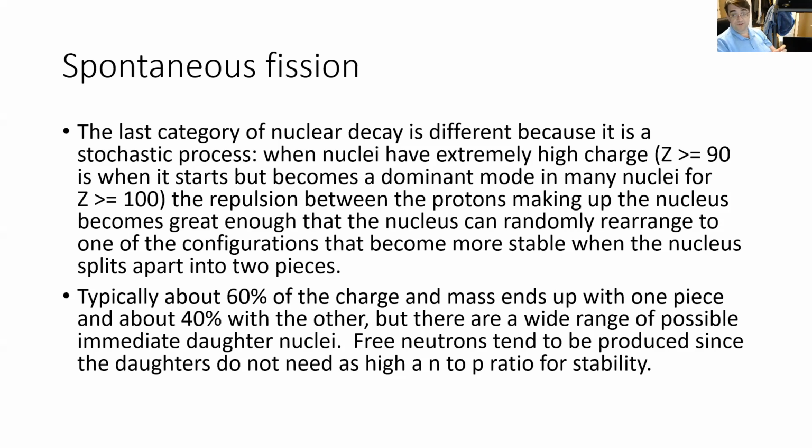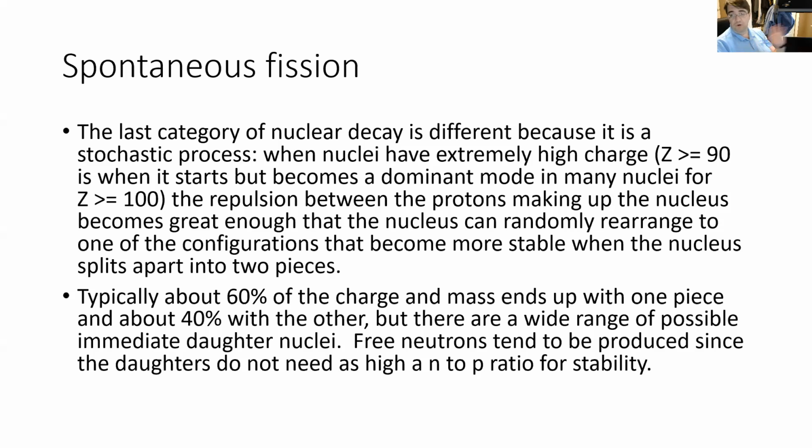Because of this randomness, you can't predict which things will form. In fact, if you have spontaneous fission with identical things that you start with, it's typical that you end up with as many as a difference of 10 total charges. Roughly 60% will end up on one, but it is rough.